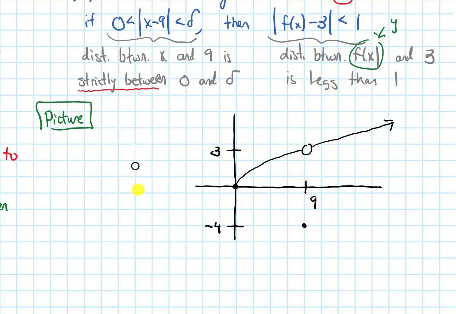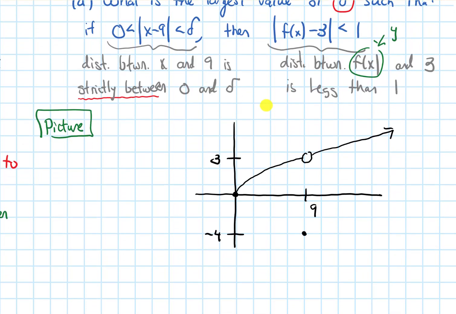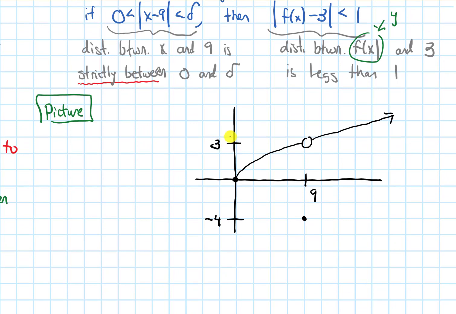I'm shifting this picture over a little bit to give myself more room. Ultimately, I want to find a number delta that will guarantee the "then" part of the statement, that the distance between my y values and 3 is less than 1. I see where 3 is on the y-axis.